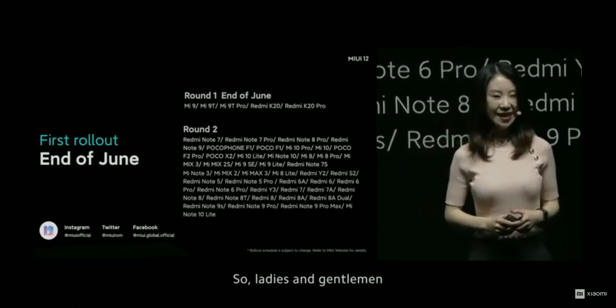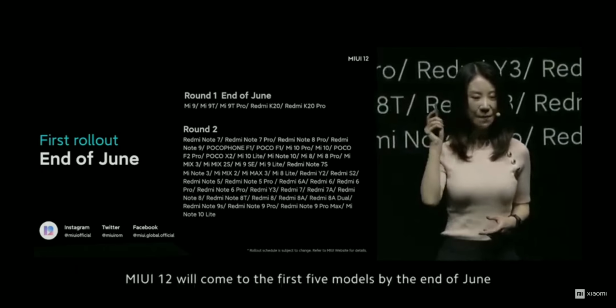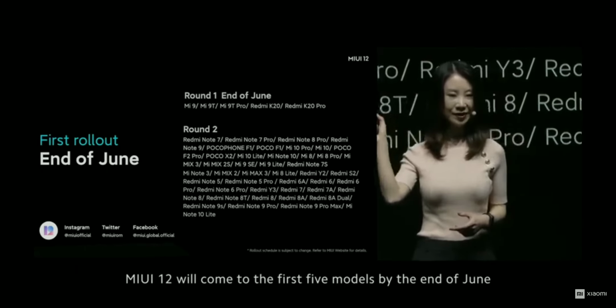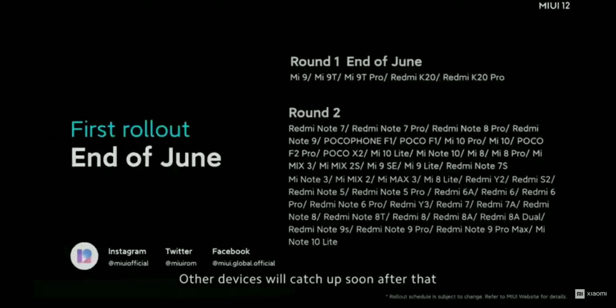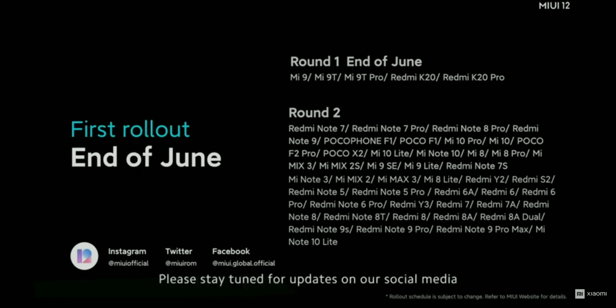So, ladies and gentlemen, MIUI 12 will come to the 5 models by end of June. Other devices will catch up soon after that. Please stay tuned for updates on our social media.